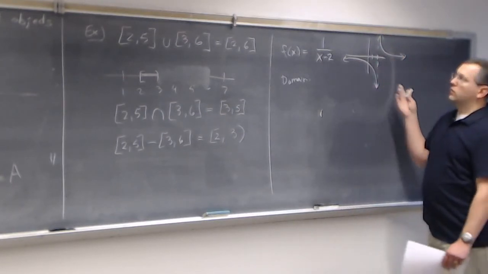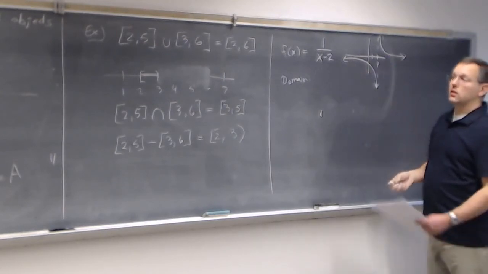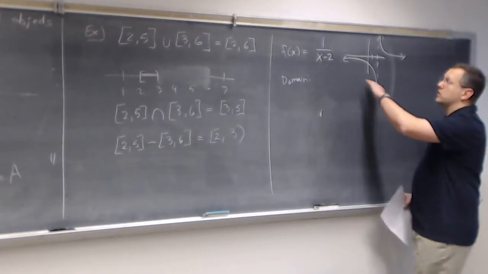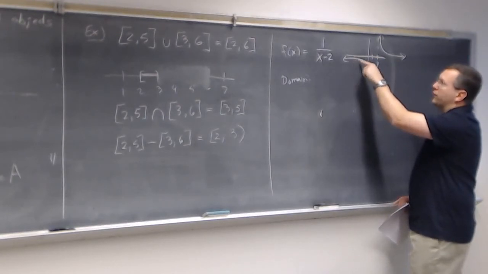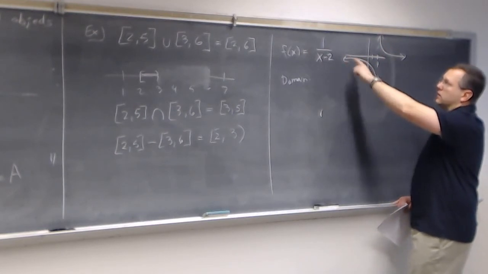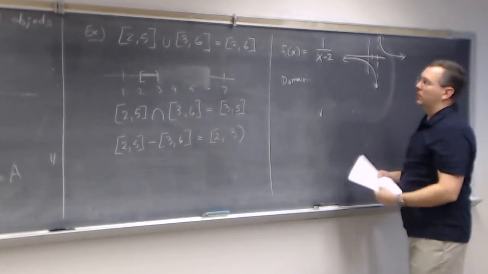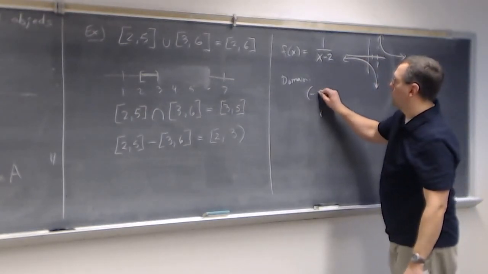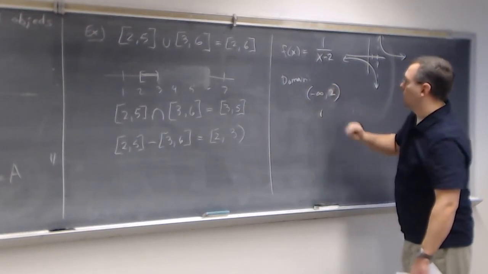The mathematical definition of a function is a specific set of points where no two points have the same x coordinate. So the domain would be all the first coordinates of all the points. This line keeps going forever to the left and goes all the way up to the number 2. So the domain would be from negative infinity to 2, parentheses.